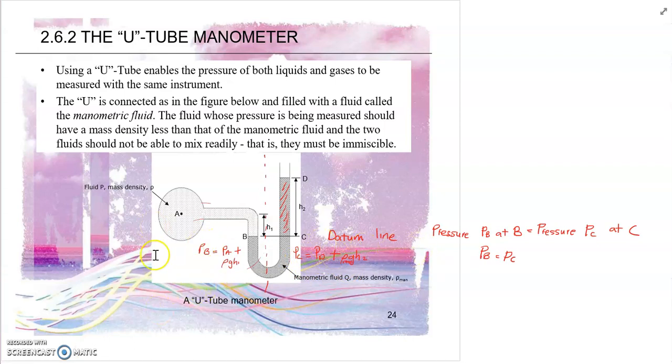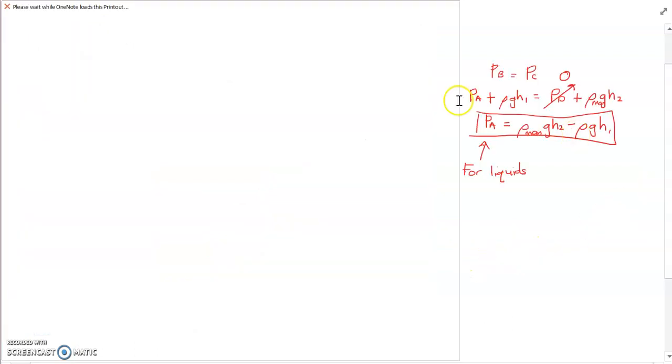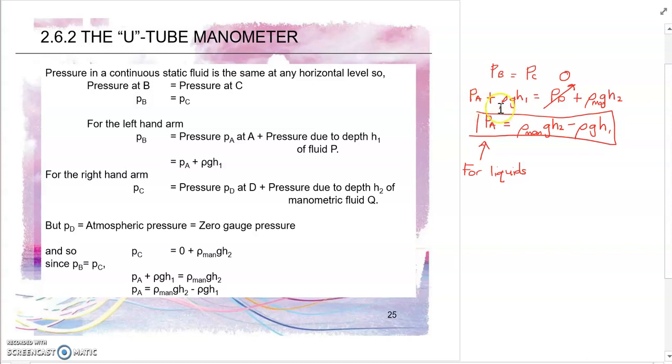Let's combine these two equations, PB equal to PC. You will have PA plus rho GH1 equals PD plus rho manometric fluid times G times H2. Take note that PD is equal to atmospheric pressure, which in this case is zero gauge pressure, because we want to measure gauge pressure.